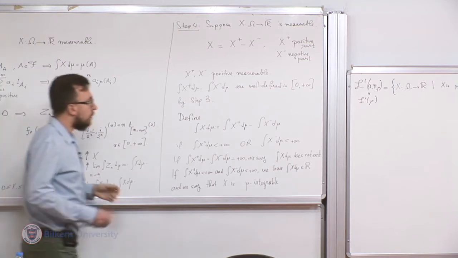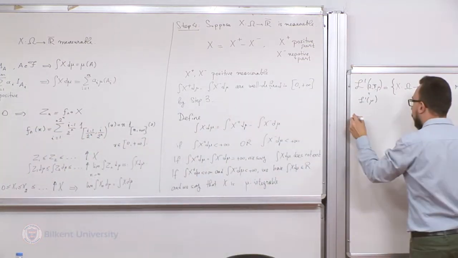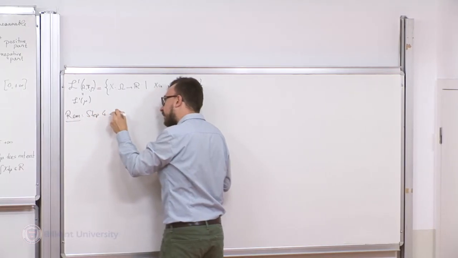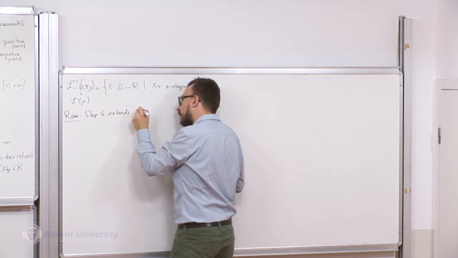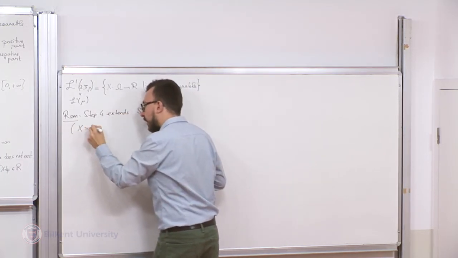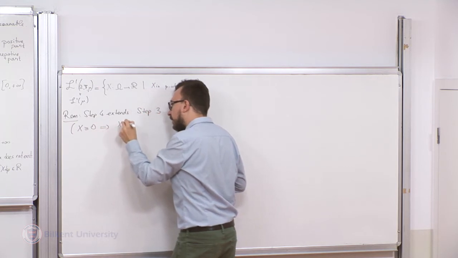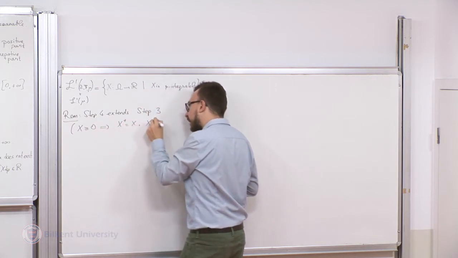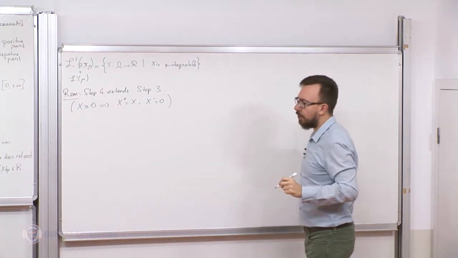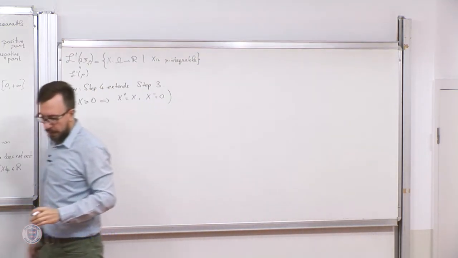Okay? So the remark is that step 4 extends step 3. In other words, if x is positive, then x plus is x and x minus is 0. So we don't have any issues.